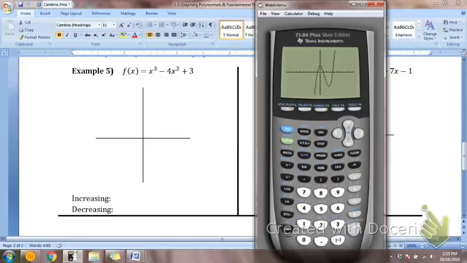Okay, the first thing we're going to do is find the zeros. So in our notes, that was like the last thing we did. But here's the thing, guys. If you can find out where these points are on your calculator, it's going to make the graphing much easier. Okay? So what we're going to do, I need you to look up here at my screen first, otherwise this is going to be tricky.